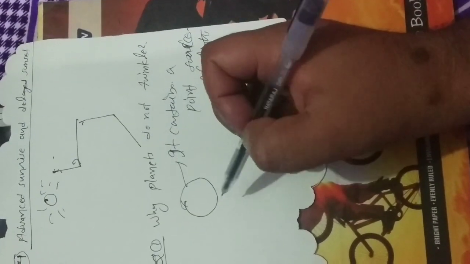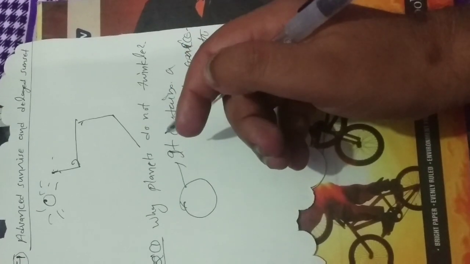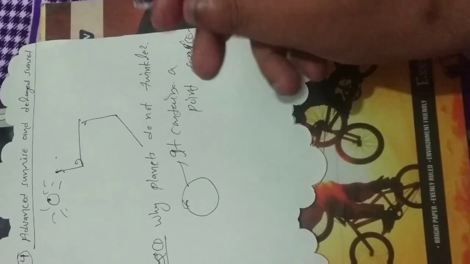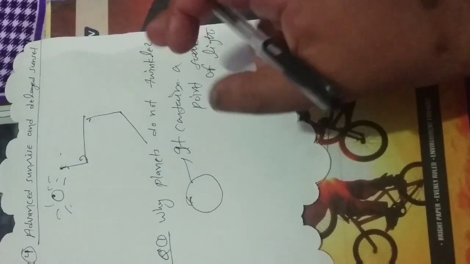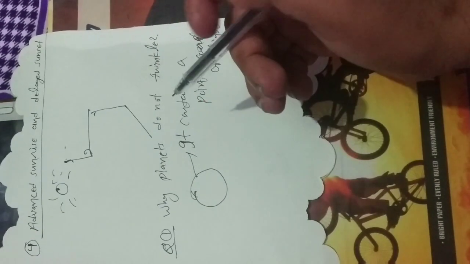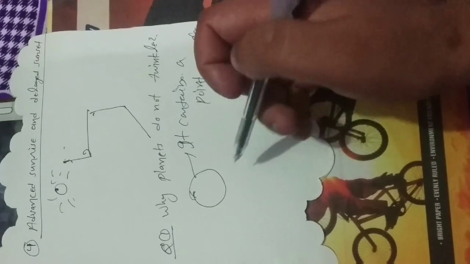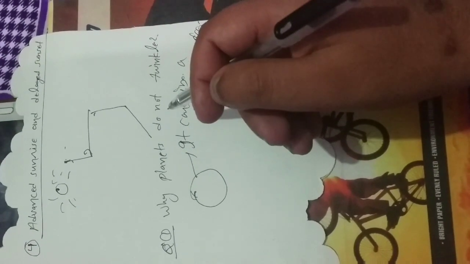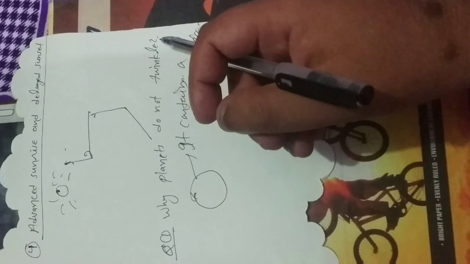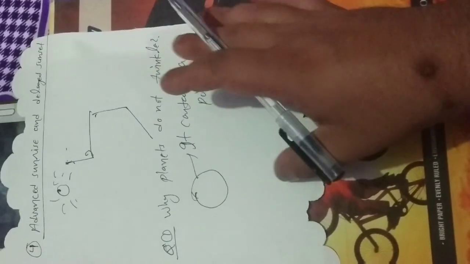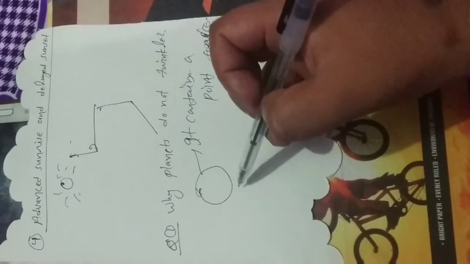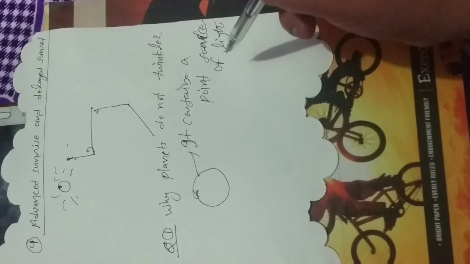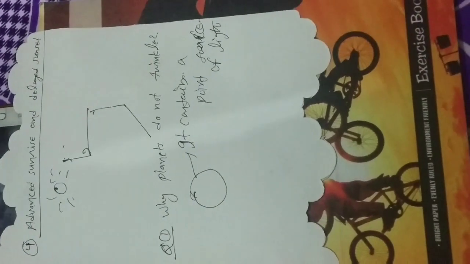When light passes from a rarer to denser medium, the point source light travels in a straight line. So we see only constant rays, so the planets do not twinkle.